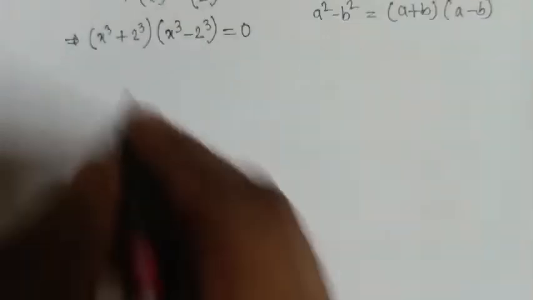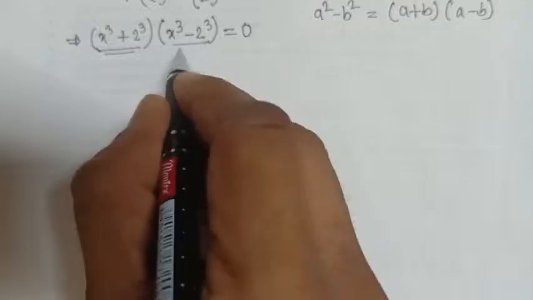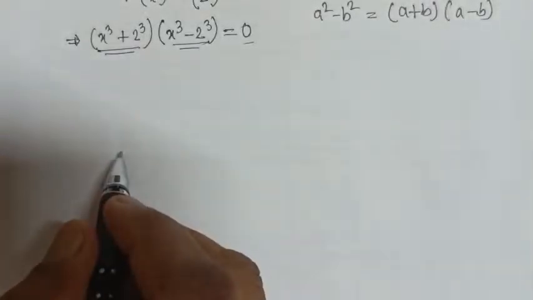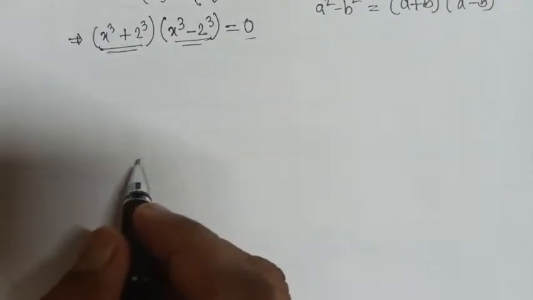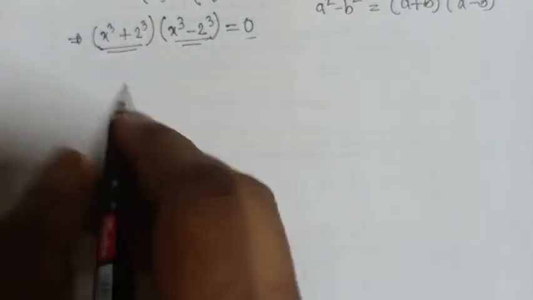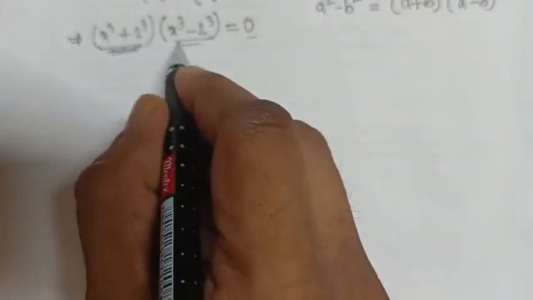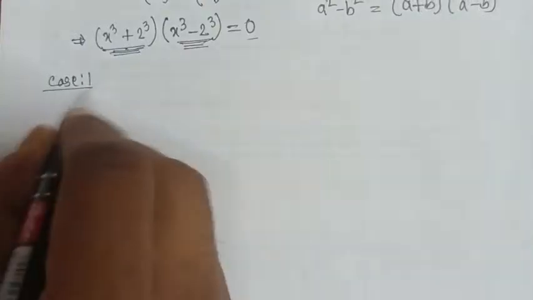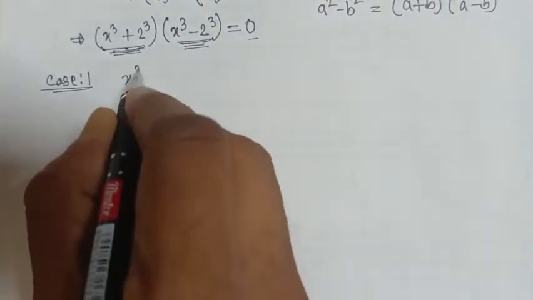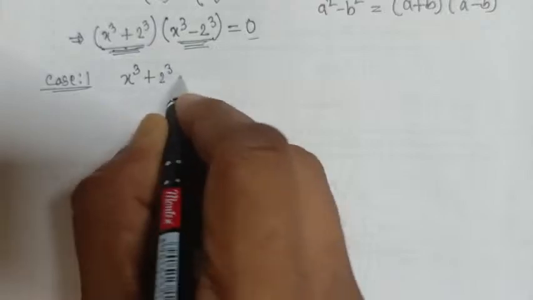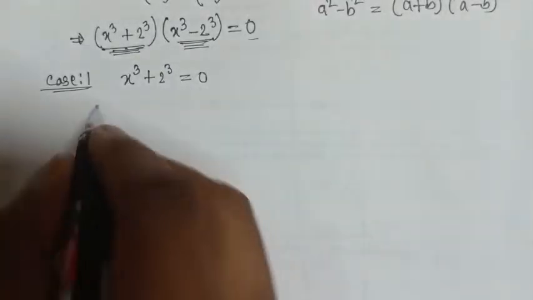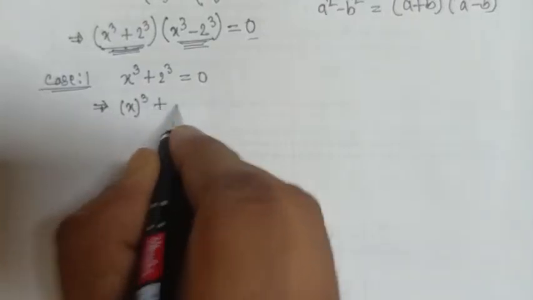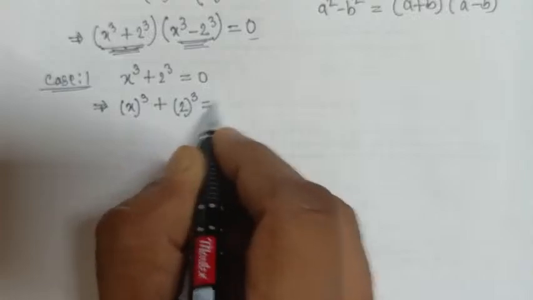Now we are getting these two expressions as a product equal to 0. So we know if the product of two expressions is 0, then either one should be 0 or the other should be 0. For case 1 we take x cube plus 2 cube is equal to 0. Now we can write the expression like x to the power cube plus 2 to the power cube is equal to 0.